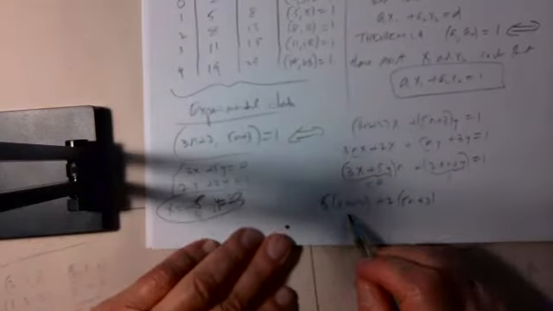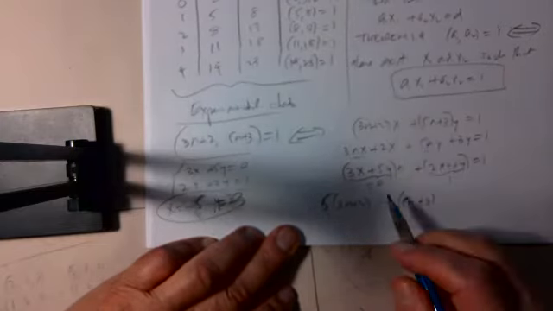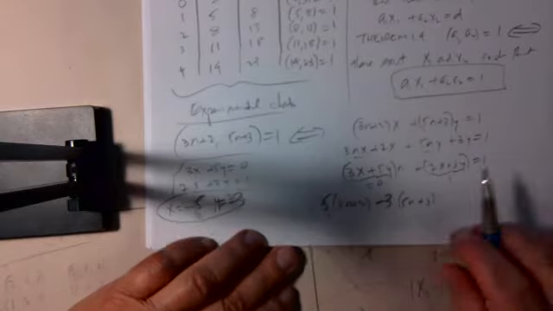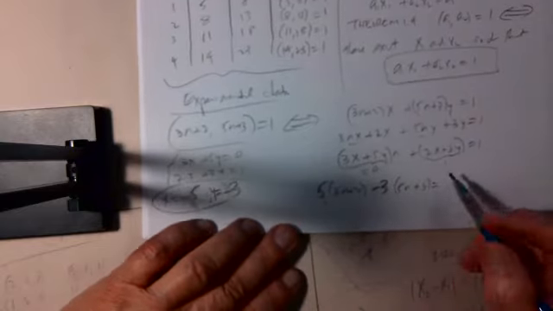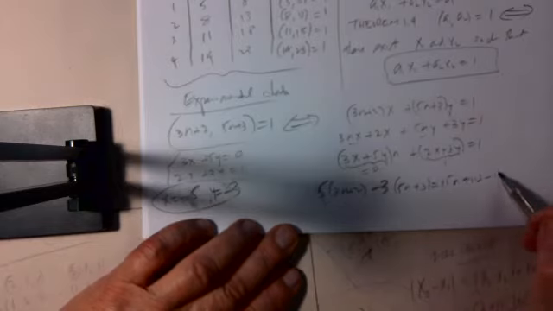So 5 times 3n plus 2 minus 3 times 5n plus 3. What is that? That's 15n plus 10 minus 15n minus 9, which is 1.